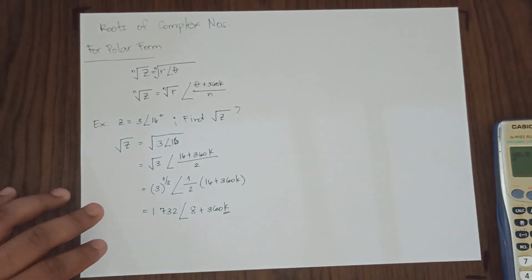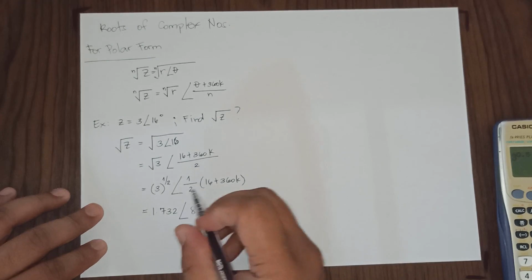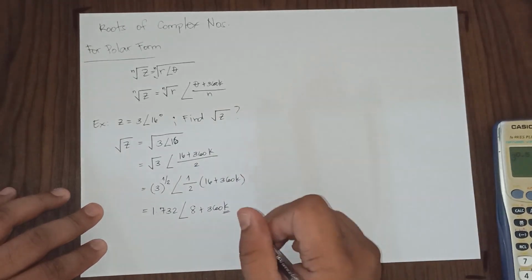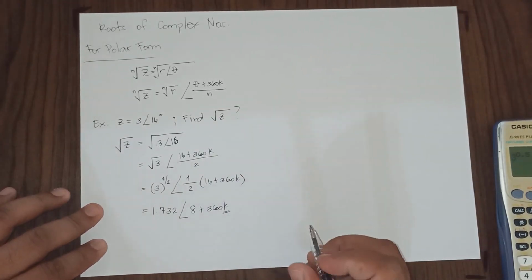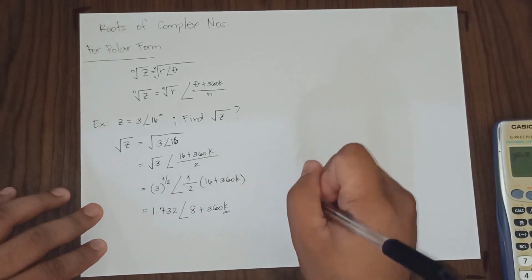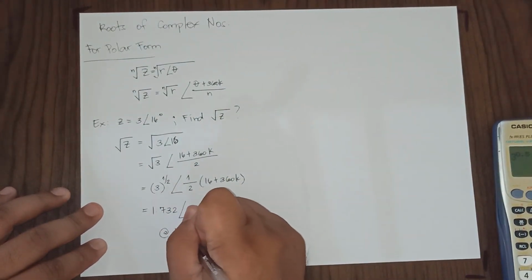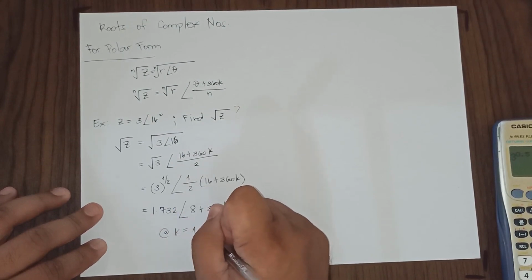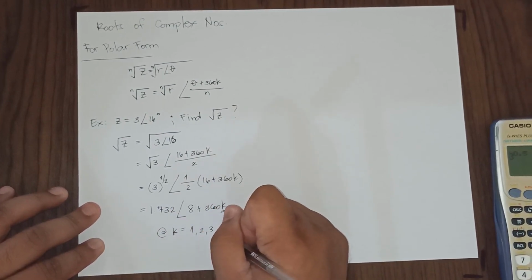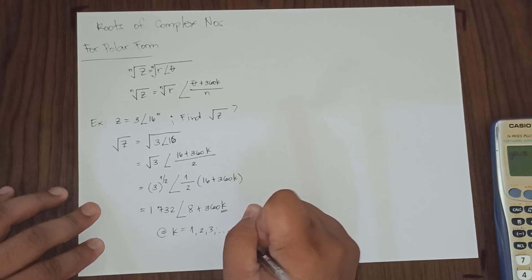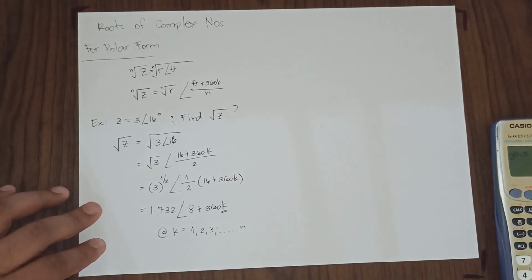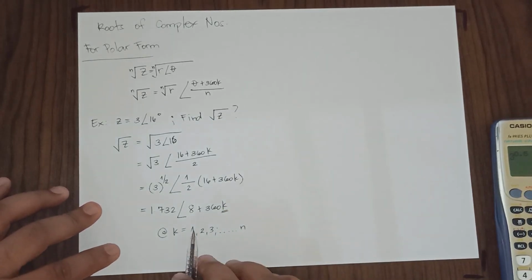Sir, ano ba yung k na sinasabi na yan? Ang mga examiner kasi kung minsan, actually, yan ay proportionality constant k. Kapag nagsabi yung examiner na k is equal to 1 or 2 or 3 or so on, kung ilan man yan, yun yung isa-substitute nyo doon.